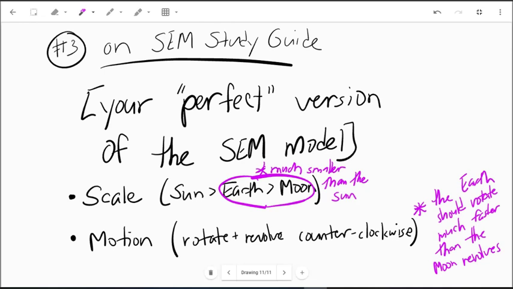Sorry if it's a little messy. But the Earth should rotate much faster than the Moon revolves. I mean, think about it. We talk about the Earth's speed of rotation in hours. We talk about the Moon's revolution and rotation speed in days. So think about the units.